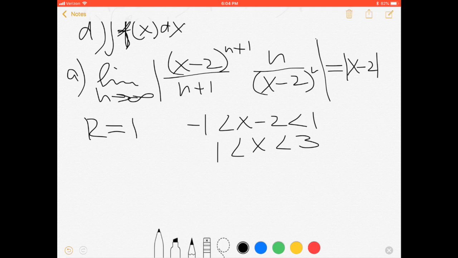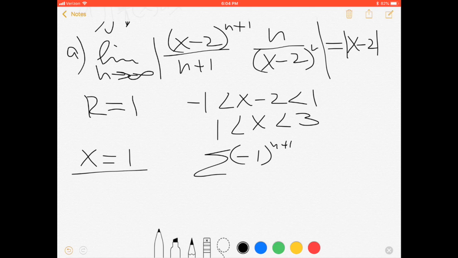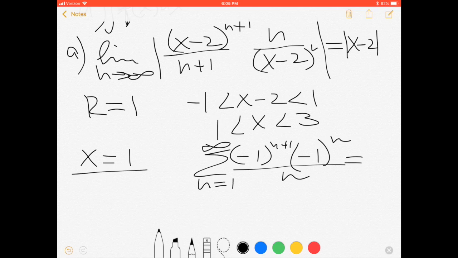And now we check what happens at the endpoints. Let's go. x equals 1. You have the series of negative 1 to the power n plus 1, then you have negative 1 to the power n, and all of them divided by n, from 1 to infinity.